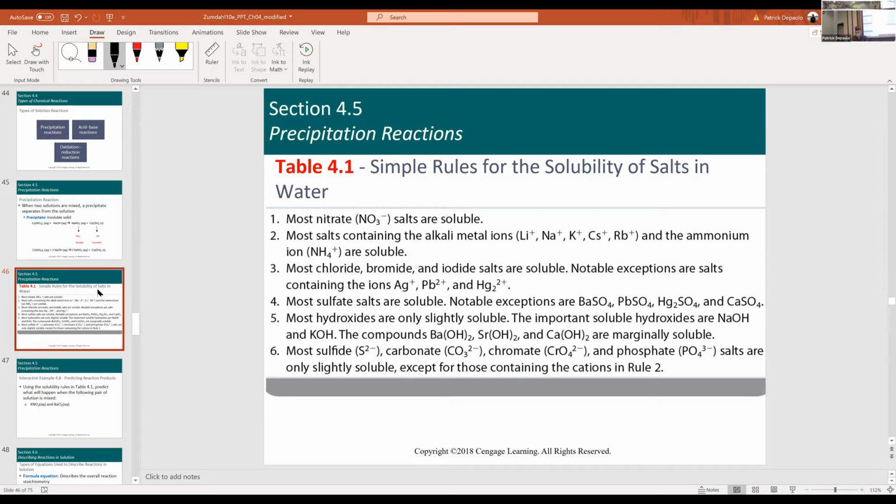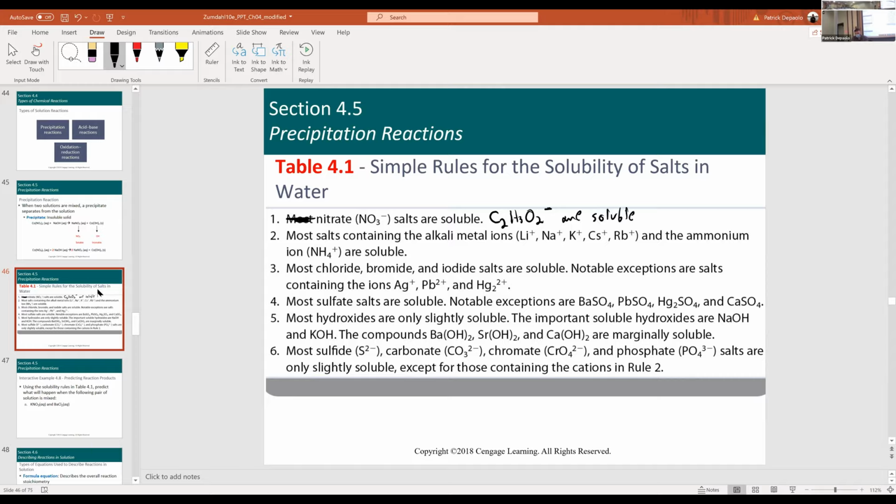So most nitrates are soluble. Actually, it's all. All nitrates are soluble. Wherever you see a nitrate, that ionic compound is soluble automatically. Very similarly, acetates are soluble, C2H3O2 minus. Acetates are soluble.